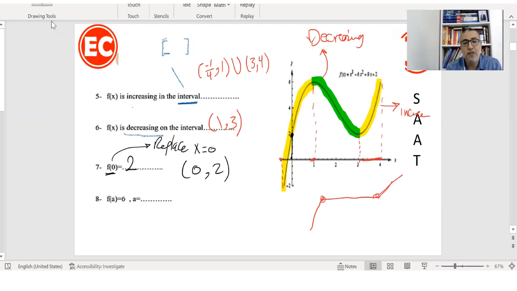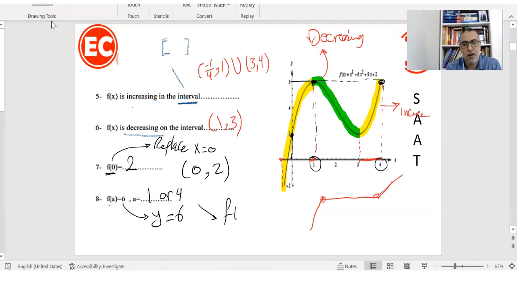Next, f of a is equal to 6. F of a equal to 6 means that y is equal to 6. If we go to y equals 6, we find that it intersects the function at 2 points. The first point at x equals 1, and the second point at x equals 4. So a is equal to 1 or a is equal to 4.